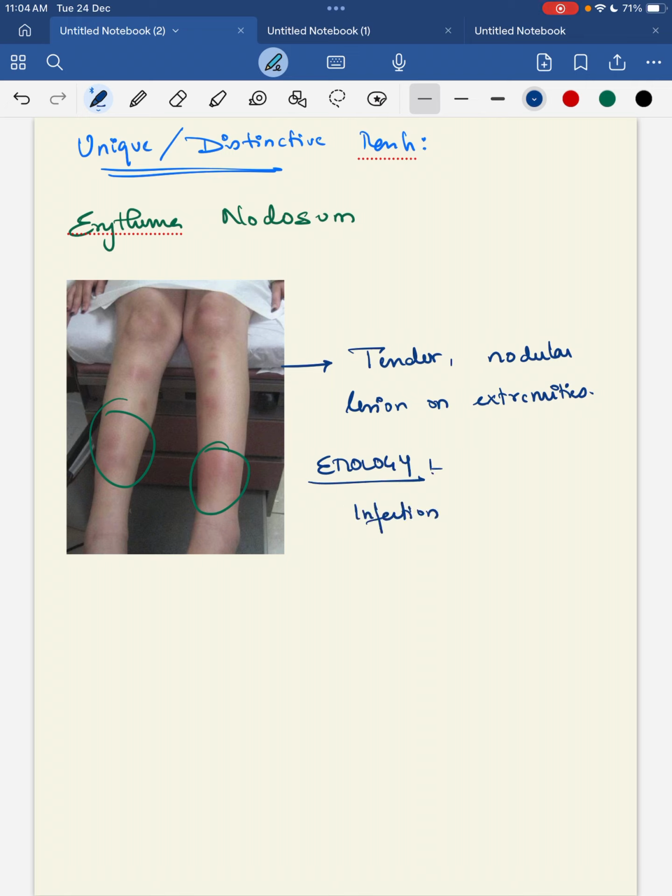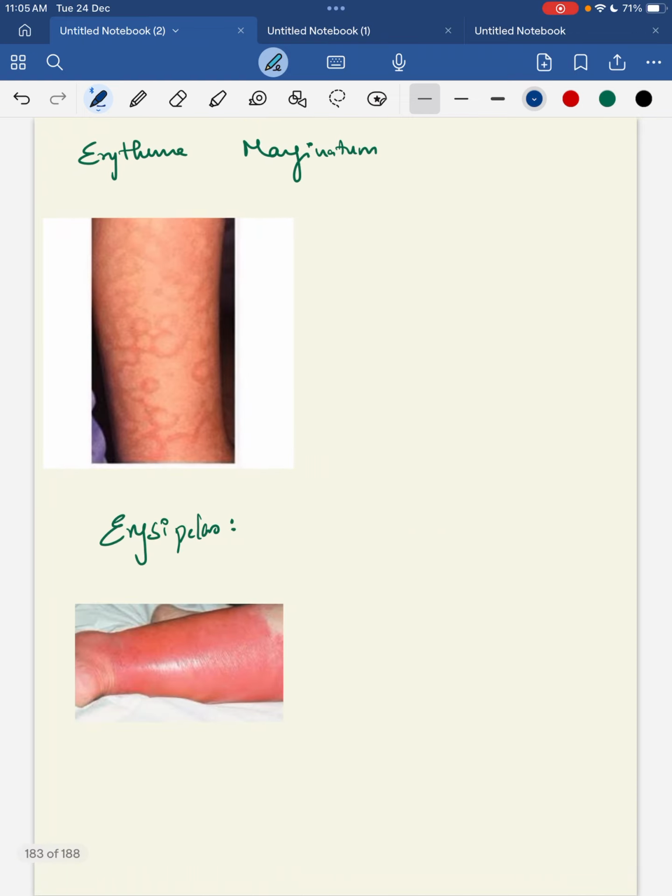Okay, this one can be one of the major criteria of your rheumatic fever. This can appear on warming up the skin. It occurs in child with rheumatic fever.